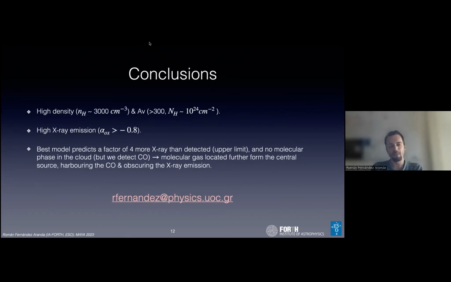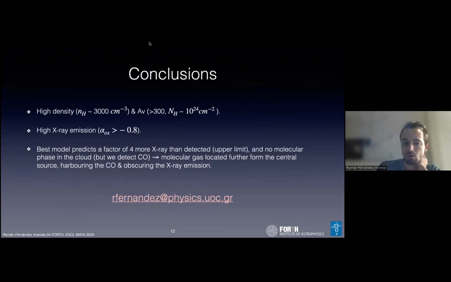Okay, so for the alpha OX, we were not varying the X-rays that we were observing. But we found that in order to reproduce the line ratios, we needed to include this more intense X-ray. So we are not using the upper limit detection in the modeling.